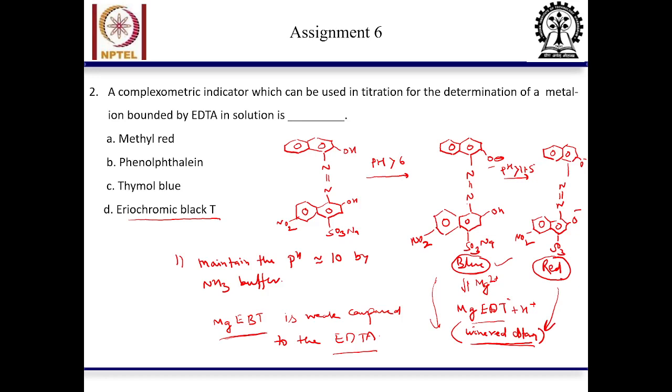The three concepts: what is pH? The other thing is which form is for the complex. Which form is important for Eriochrome Black T? So are all these concepts clear?